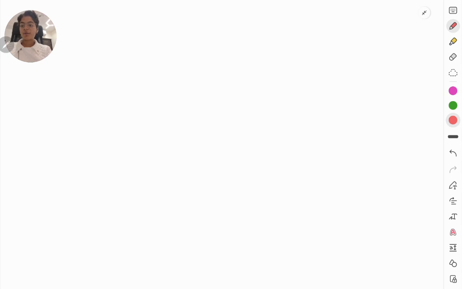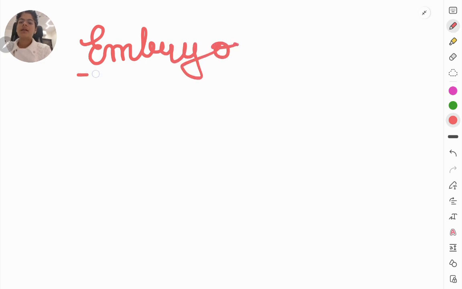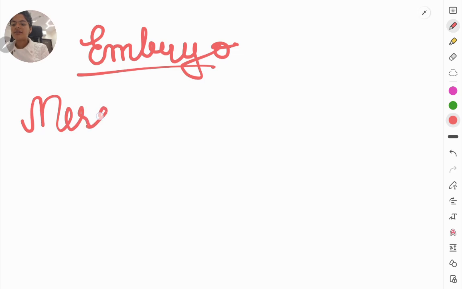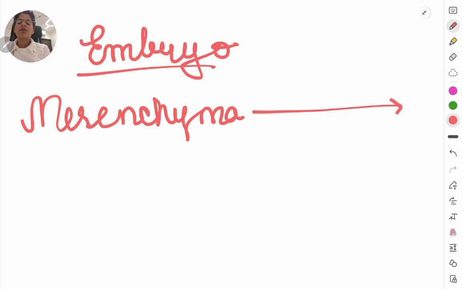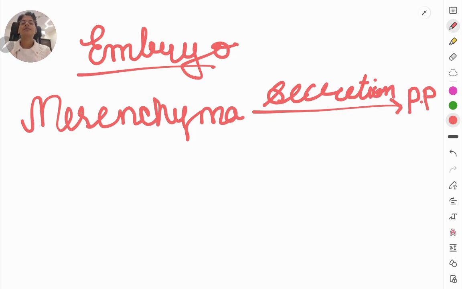So let's see the formation of the plasma protein. In the case of embryo, plasma protein is formed from the mesenchymal cell. The mesenchymal cell gives some secretion or dissolution of some of the substances leads to the formation of plasma protein.